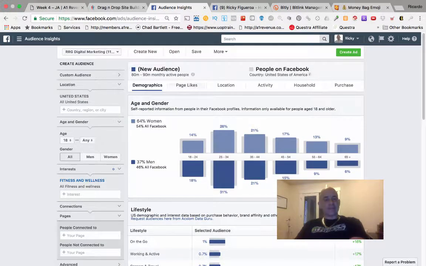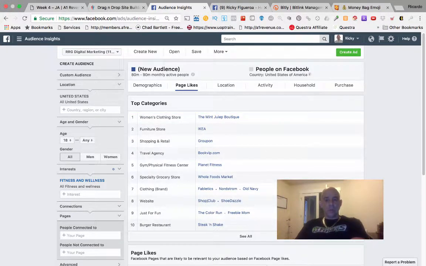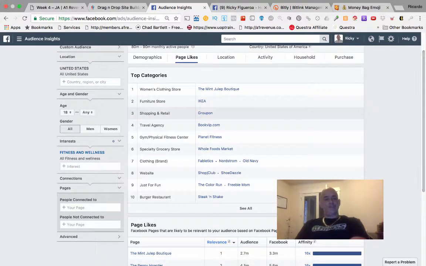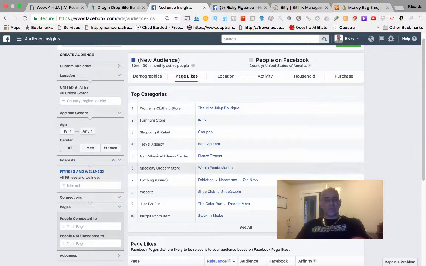So now let's look at page likes, what kind of pages they are following. Now Facebook did an update a few months ago, so don't trust this too much. I wouldn't go really deep into this, because sometimes it doesn't make sense.